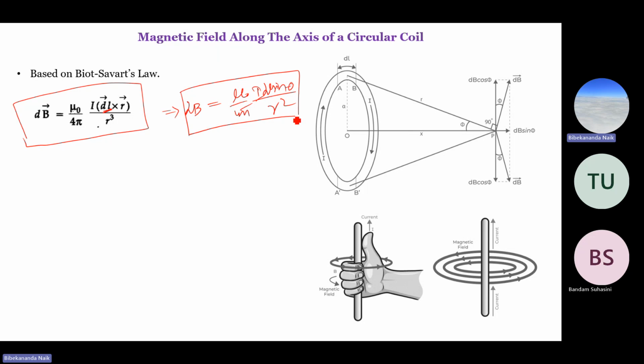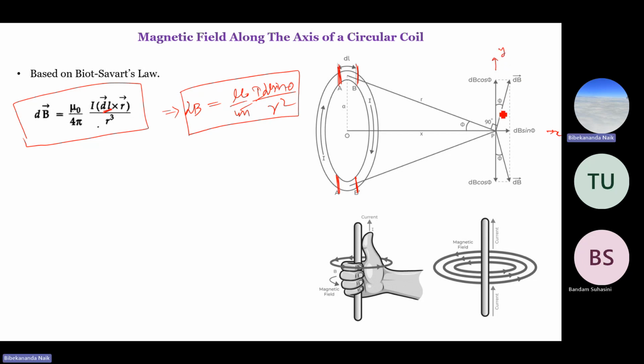Now if you apply the same thing to this circular coil carrying current, suppose we consider these two elements. There will be components of magnetic field in the x direction and the y direction.